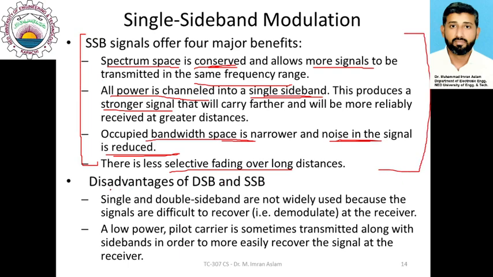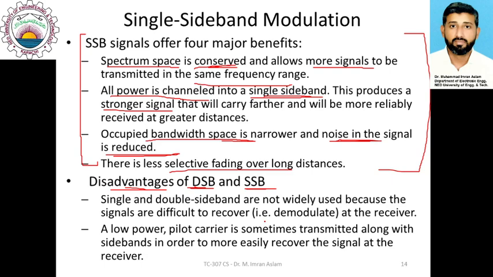However, there are certain disadvantages as well. First of all, the major disadvantage with both DSB and SSB is that they require complicated receiver circuitry, because for demodulation we cannot simply look at the envelope. Rather, we have to get the phase information as well, and we need to synchronize the receiver with the transmitter in order to properly demodulate the signal.